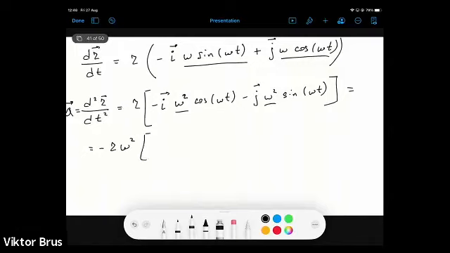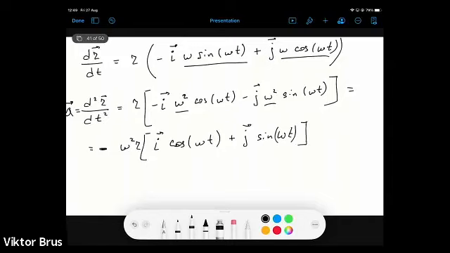And what we have in parentheses: let's put r here, r times i unit vector times cosine omega t plus, because minus is outside, j unit vector times sine omega t.